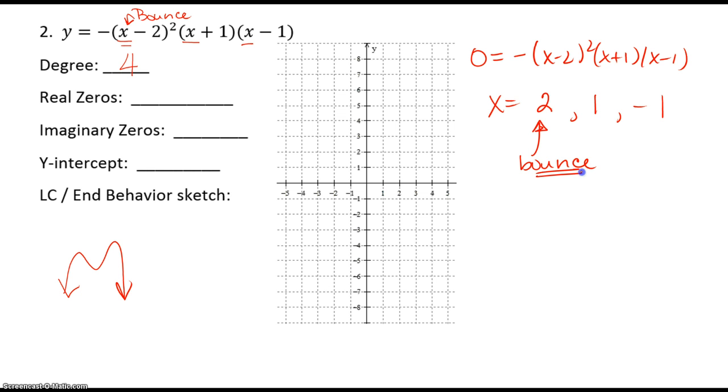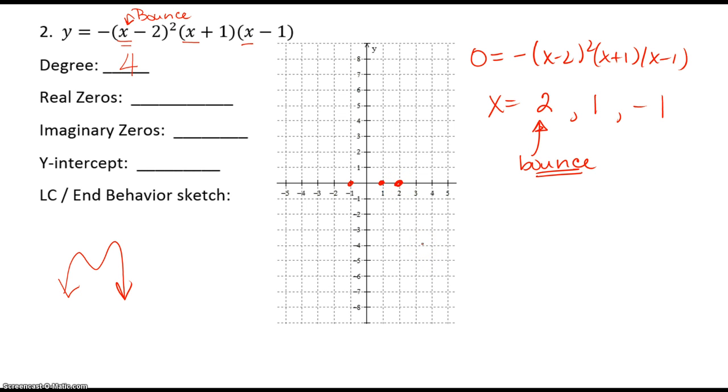That's important. So when I put those on there, 2, 1, and negative 1, I know that I should not cut through at 2. I should touch 2, and since it's on this side, go right back down.